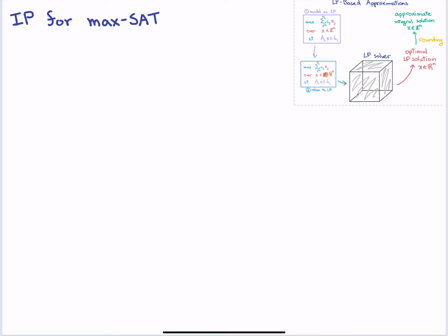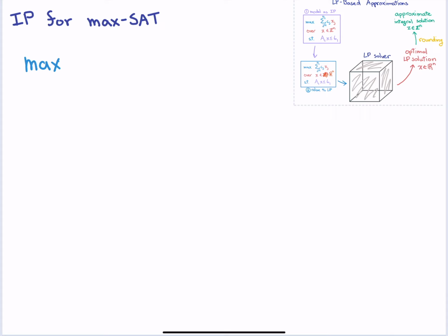So I'm looking at SAT, and I want to try to write an integer program for max SAT. Just to get us started, the objective will be to maximize something. I want to maximize the number of clauses I satisfy.